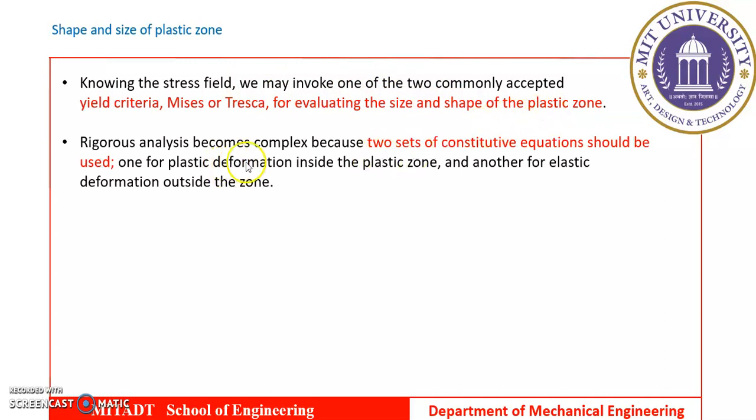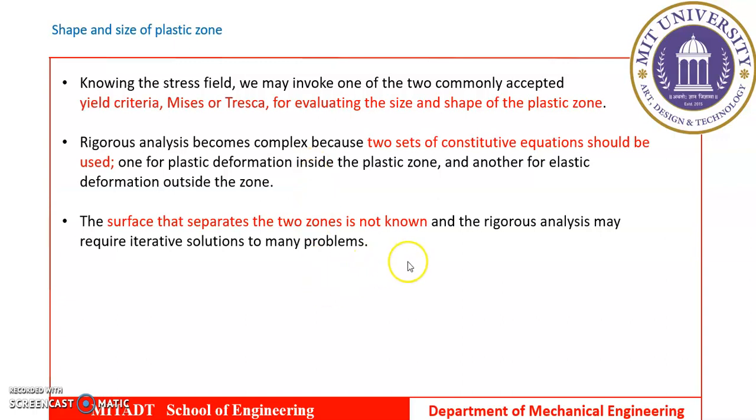Now, near the crack tip, the deformation is plastic, whereas away from that it is elastic. So if you want a rigorous analysis, there will be two sets of equations, one for the plastic zone and one for the elastic zone.